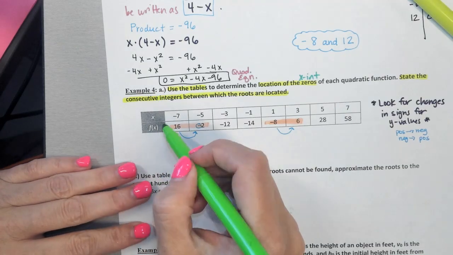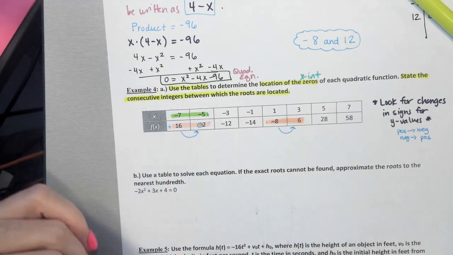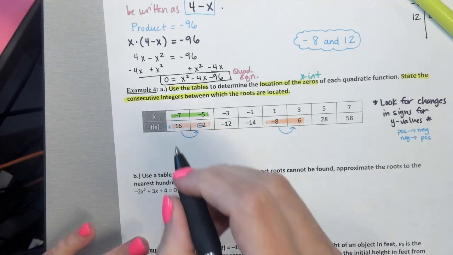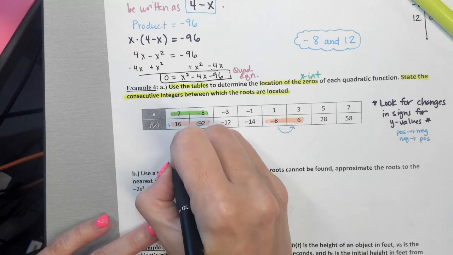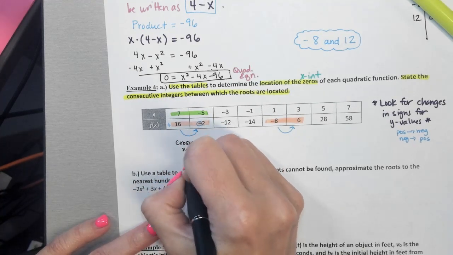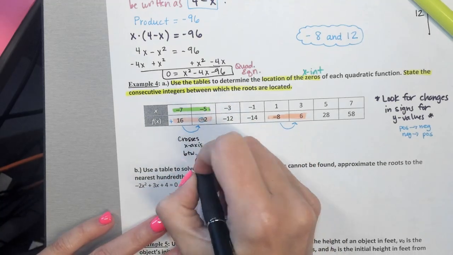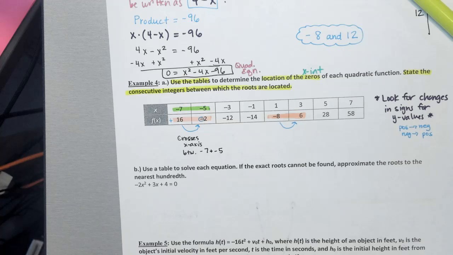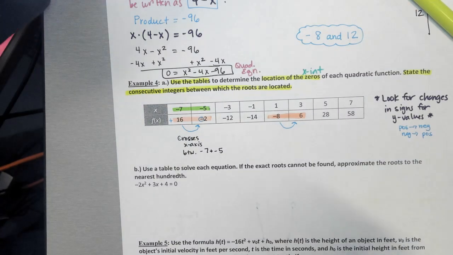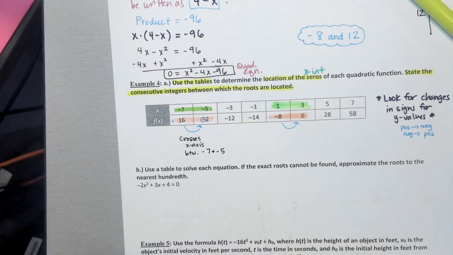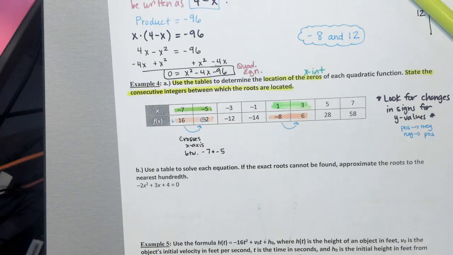Okay, so what this means is it crosses the x-axis between, I'm going to put BTW for between, -7 and -5. Okay, and then for this one, it crosses between 1 and 3.